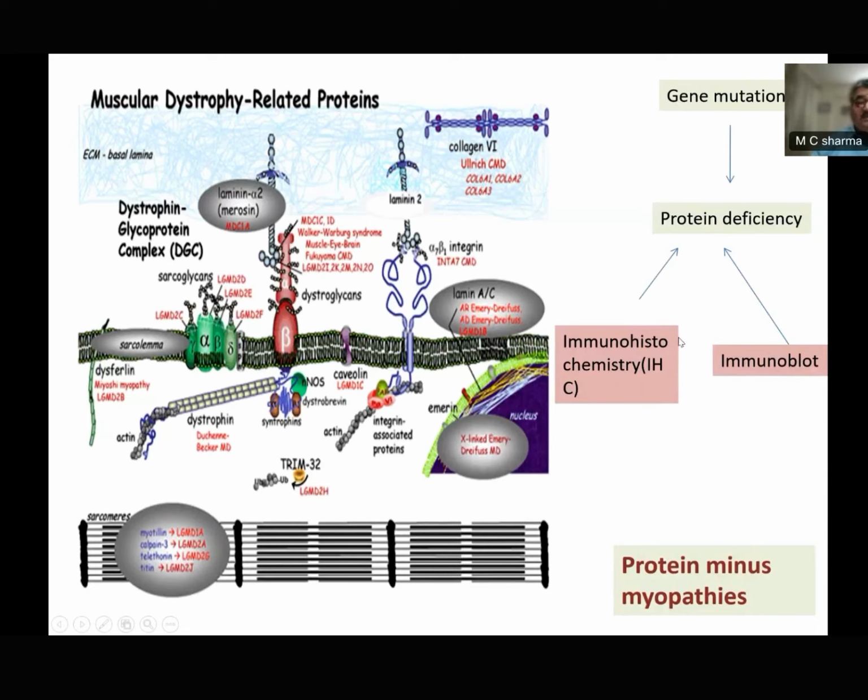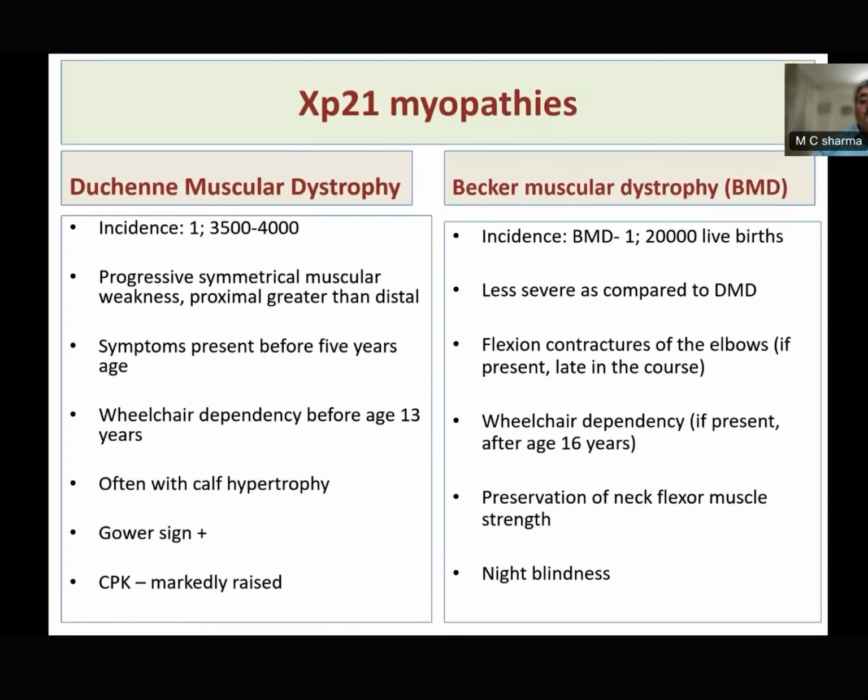If it is against the mutant, it will be present. If it is against the normal and there is a mutation of the gene, then this will be absent. So many people use the term protein minus myopathies for this group of muscle diseases. DMD and Becker's are most common, and many times it is asked in MD questions also.